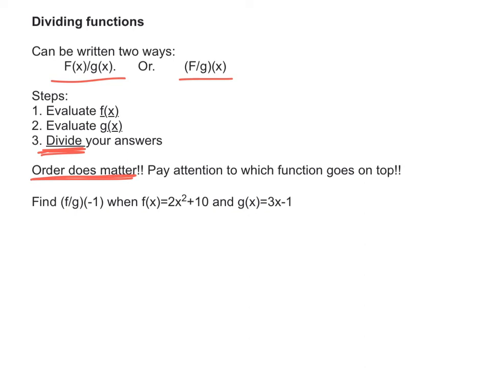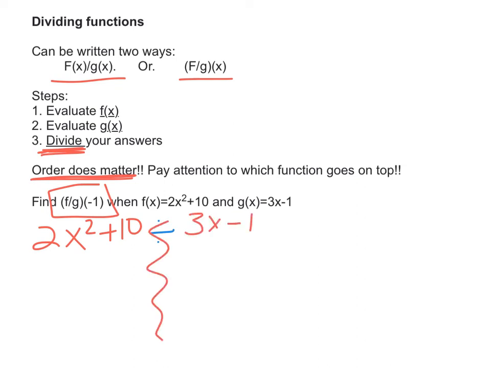In this example, since it's written as f divided by g, we're going to do f first, and then divided by g. It's not always going to be f first and then g. You have to pay attention to the way the problem is written.